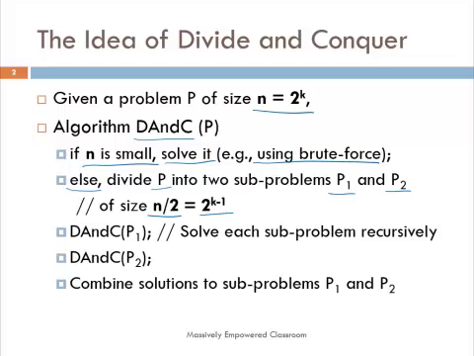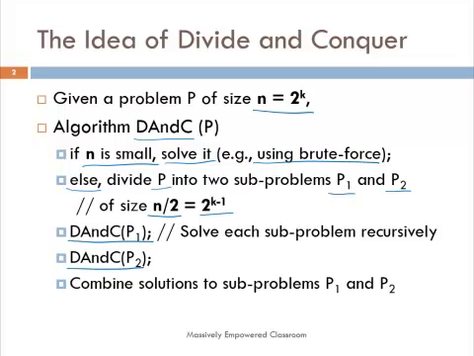Then we solve those subproblems. How do we solve those subproblems? We solve them recursively, or we call or invoke the same algorithm DAndC on the subproblem P1, and we invoke the same DAndC algorithm on the subproblem P2. So what will happen there?